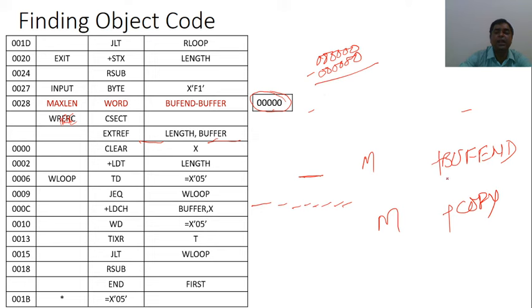That means we have to revise our modification record writing style, or you can say the rules. So when I am considering the control section, our modification record rules will be revised.